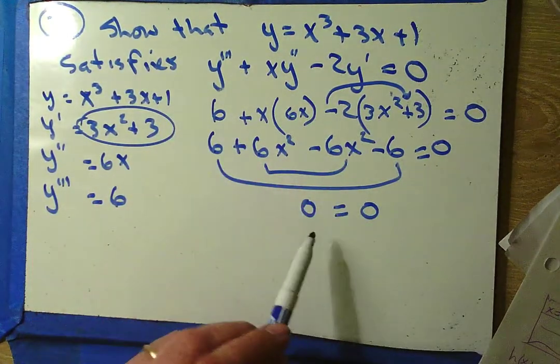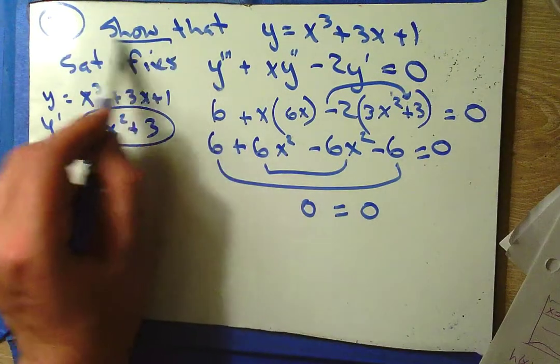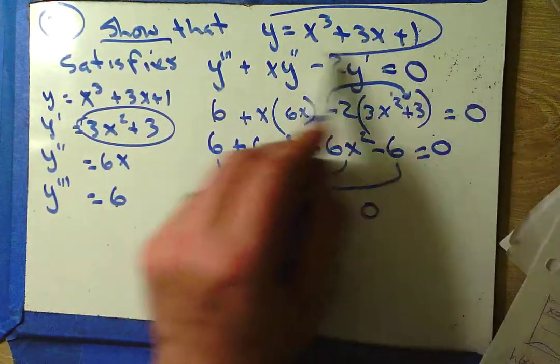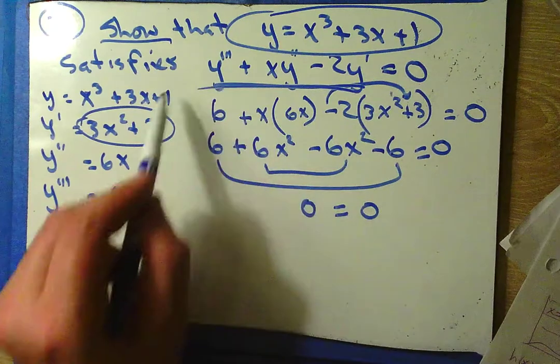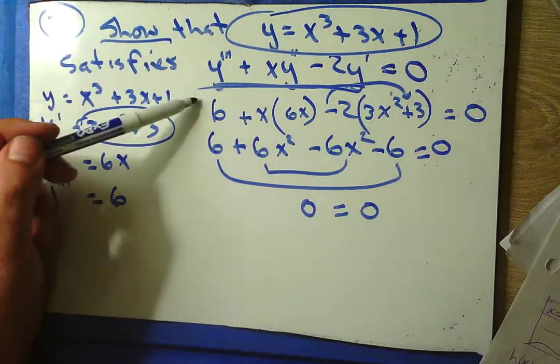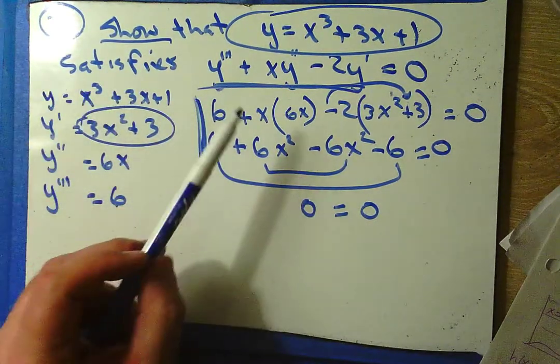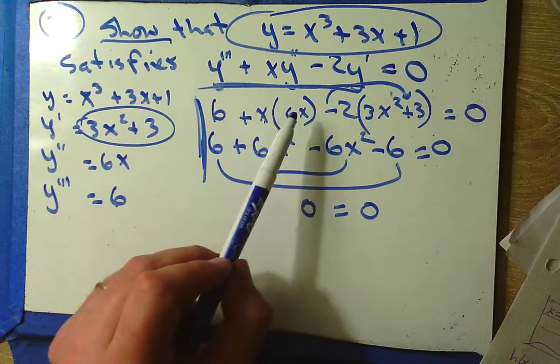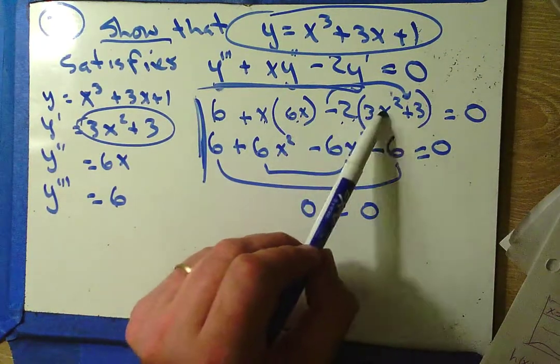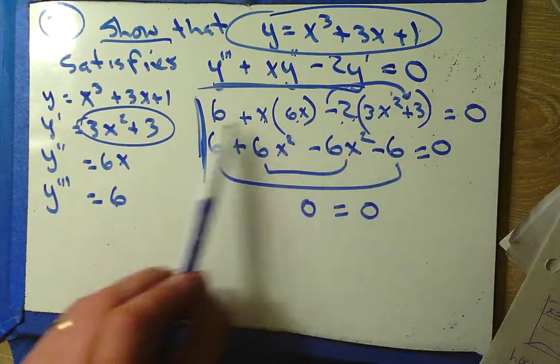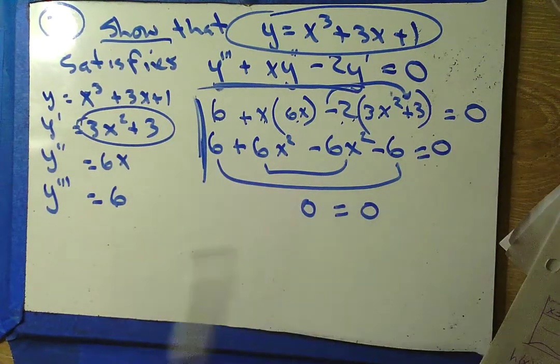This work is what we need to show that y satisfies this equation. All we need to do is show this work where we're adding y triple prime, x times y double prime minus 2 times y prime. And when we simplify everything over here, we get 0.